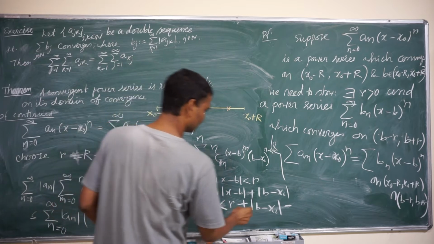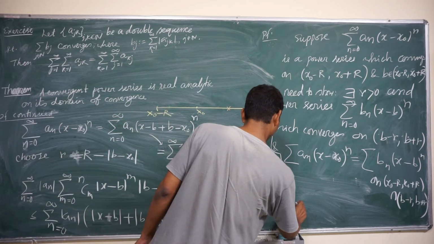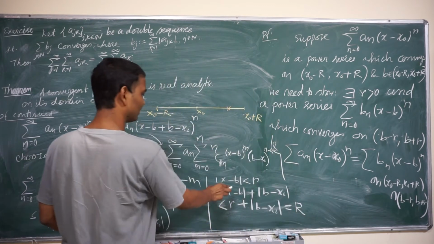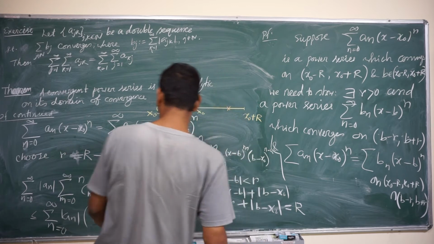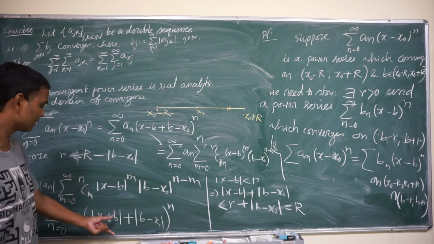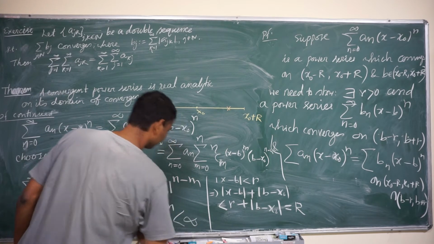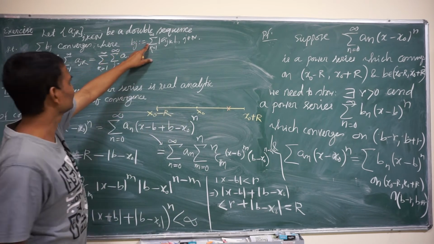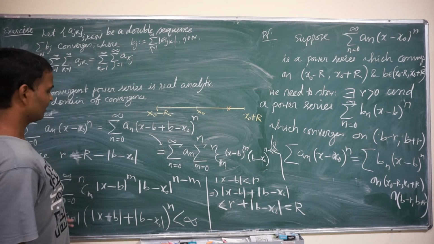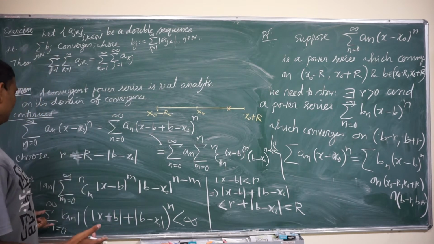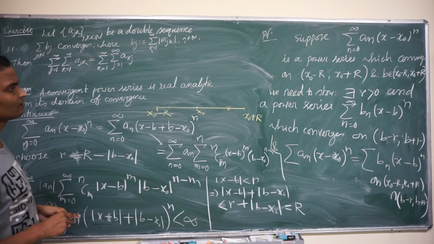Sometimes I get confused. So you see, when mod of x minus b is less than r, then this one is less than capital R. So hence this converges. Alright, so this converges. Hence, we can interchange the summations, like this we can interchange the limits.